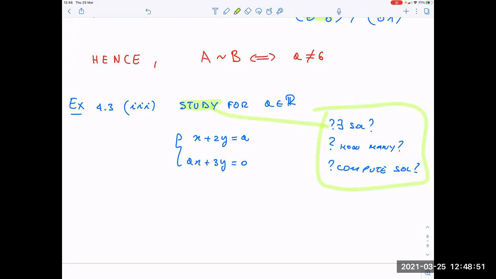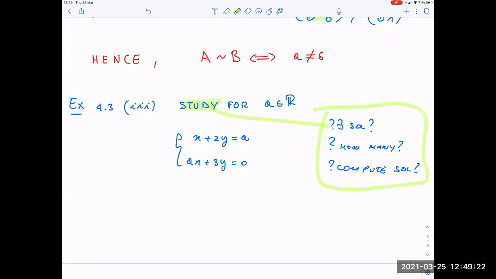Okay, so someone suggests, so Giancarlo says that if A is not 0, then we can obtain a solution. And what if A is 0? What do you think? He says that if A is not 0, I can find a solution, but then you also need to find it, right? But it's not saying what happens if A is 0.